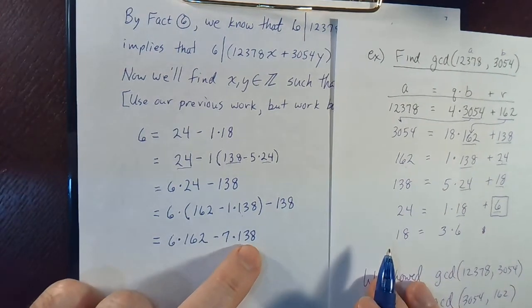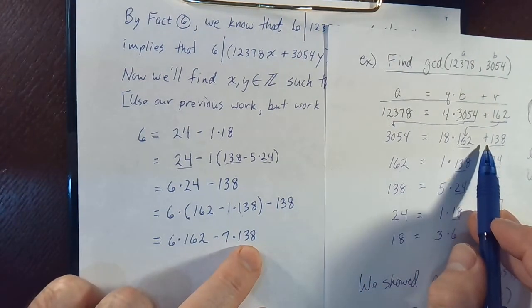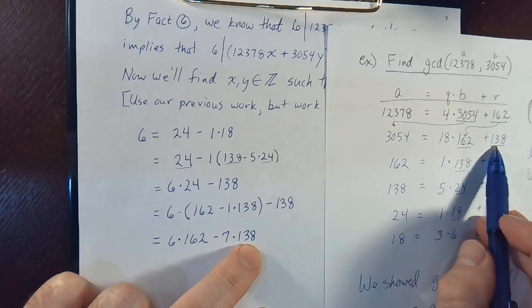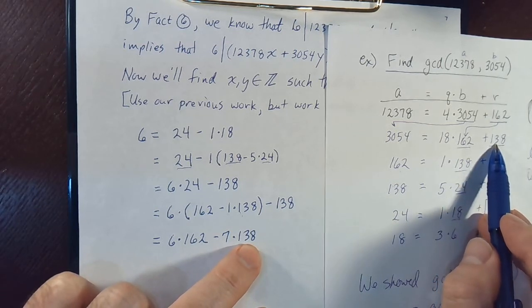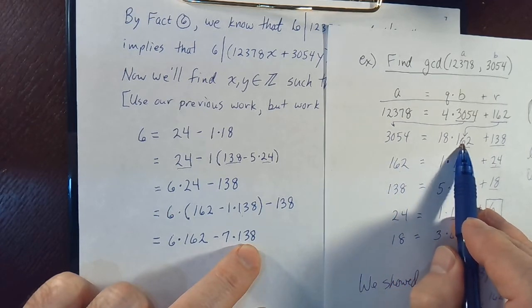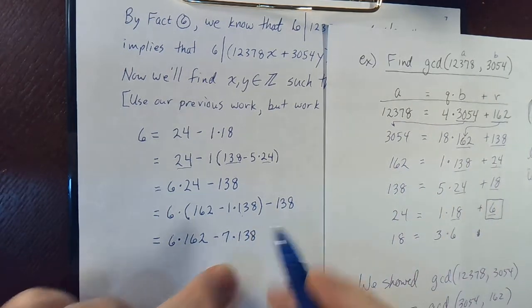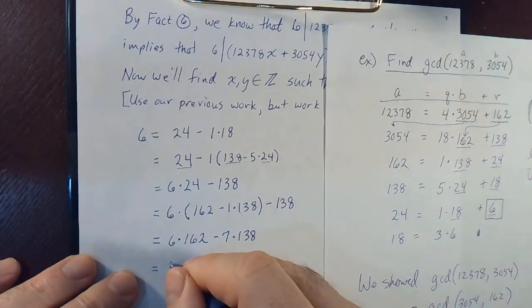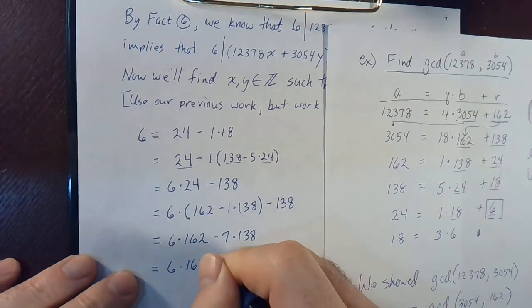Okay, so now we've got 2 more equations to back into here. Now I'm going to solve for this remainder. 138 is equal to 3054 minus 18 times 162. So I'm going to replace this 138. 6 times 162.